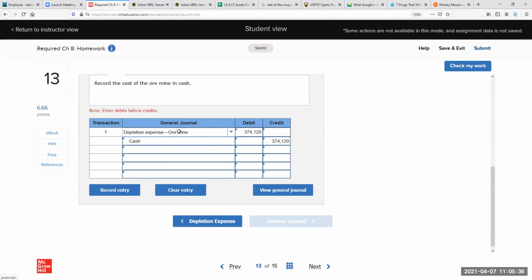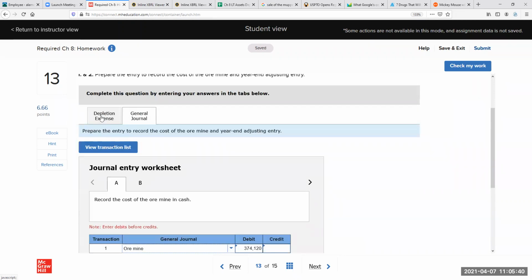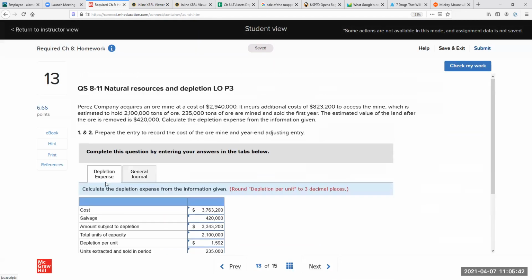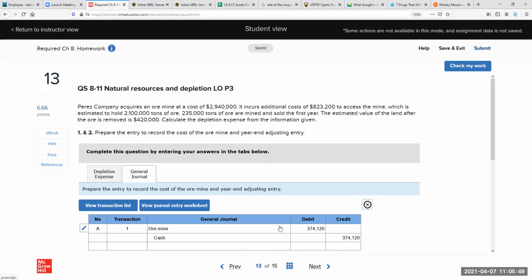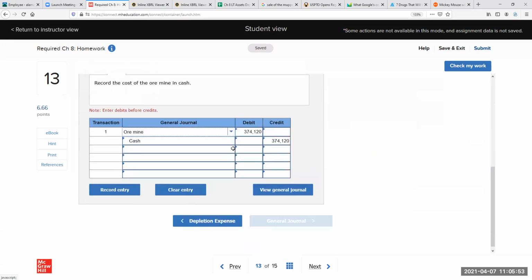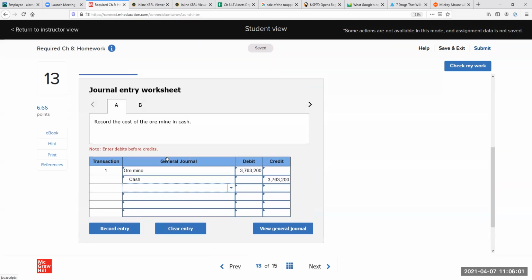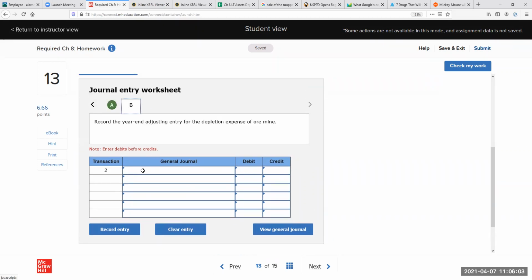Up here they want how much you paid for the ore mine, and that was the 2,000,094 plus that 3,763,200. Then the debit is recorded for the depletion expense.